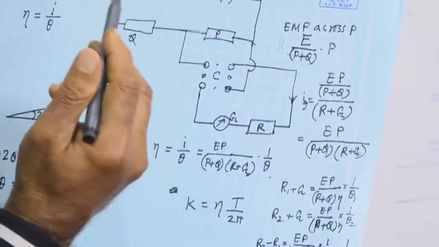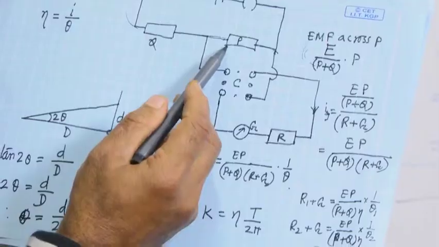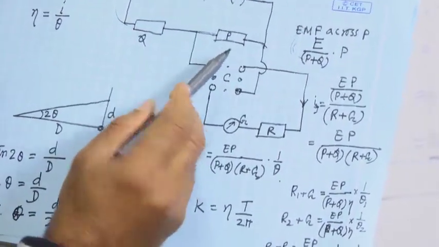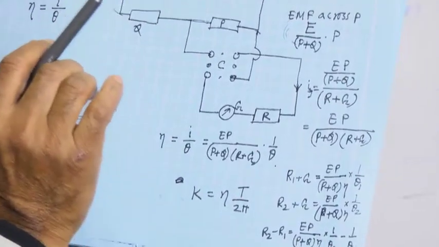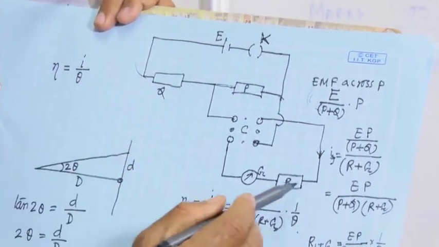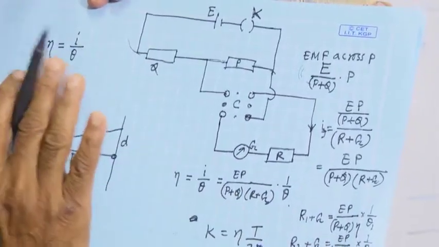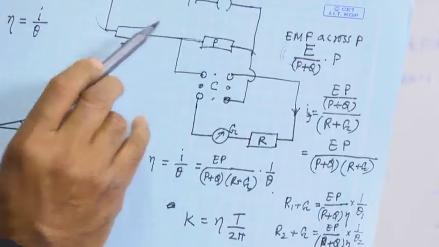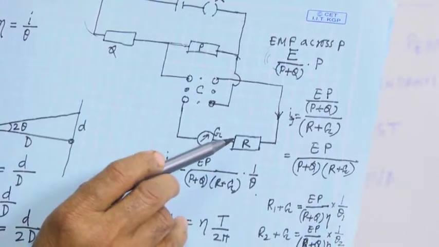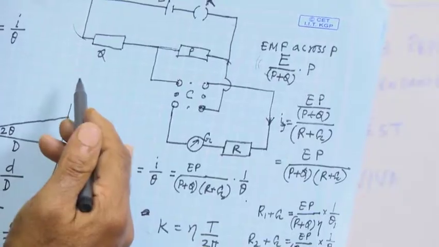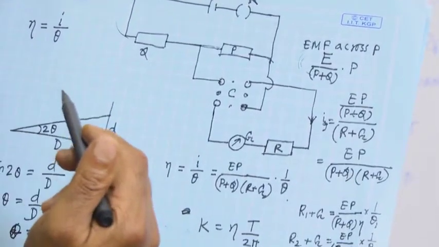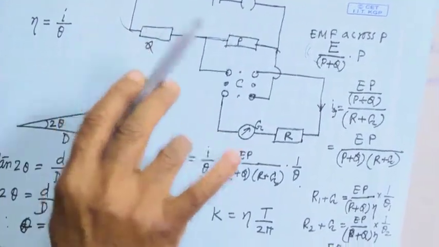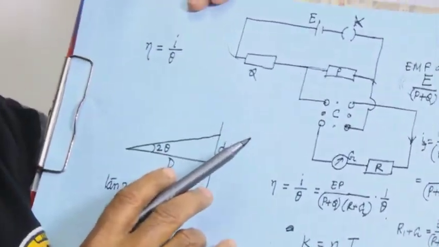P can be taken as the internal resistance of this one, but we neglect P because we keep P very small compared to R. That is the condition: you have to keep P very small compared to R. This assumption we have made, and during the experiment we have to follow it.